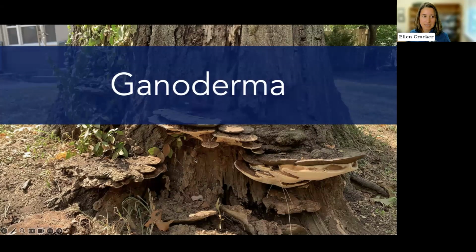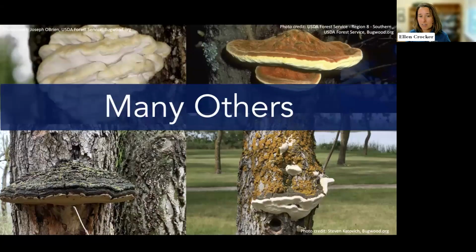You can see this tree has a lot of decay at its base, probably to some of the roots as well. And these are the mushrooms, the fungal fruiting bodies of that fungus. While you will see these every now and then, what you're not seeing are the hyphal threads running through that wood, breaking down the cellulose and other structures of that tree. So there's lots of different fungi that can cause decay.